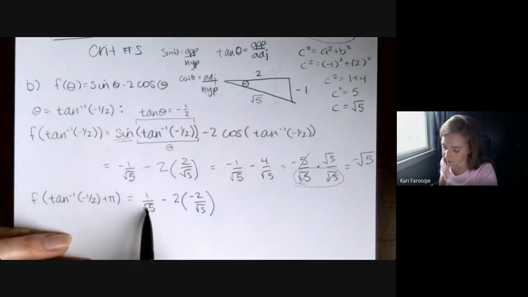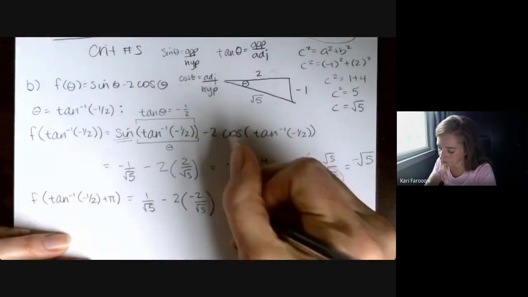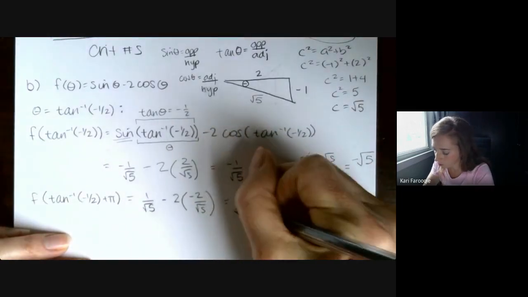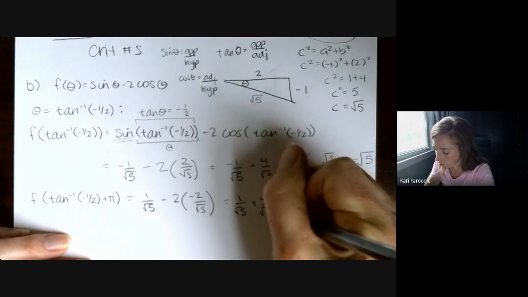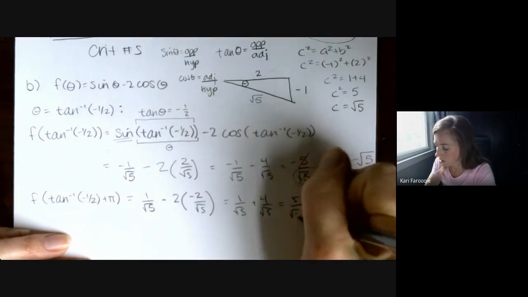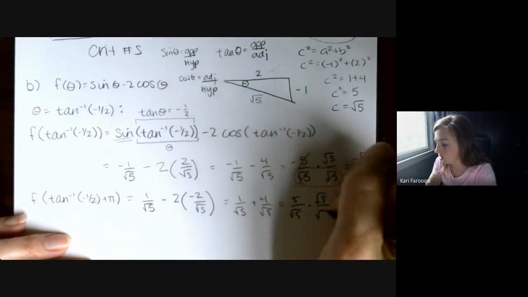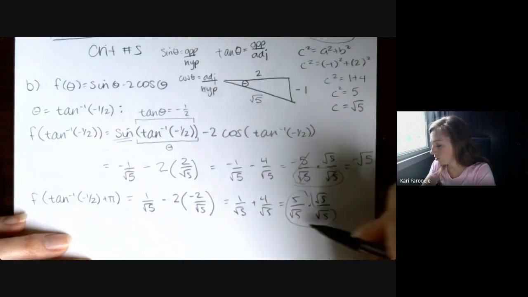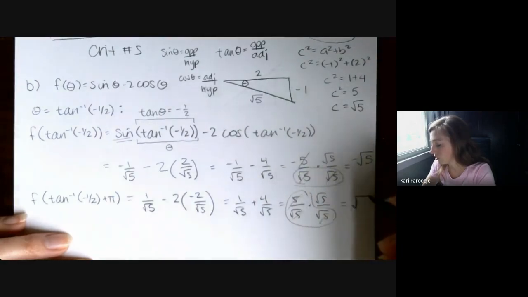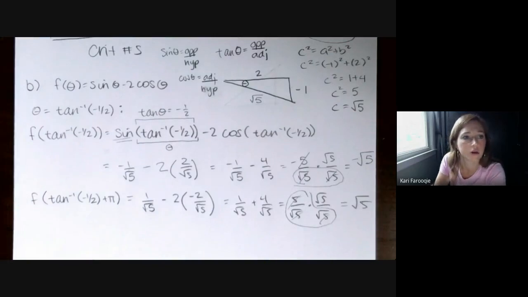So sine is positive, cosine is negative. And then you'll have 1 over square root 5 plus 4 over square root 5, 5 over square root 5. Rationalize it. These guys will all cancel, and that leaves you with the square root of 5.